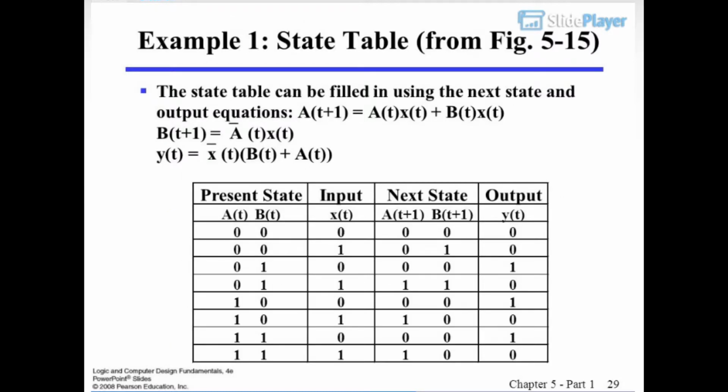Example 1, state table, from Figure 5.15. The state table can be filled in using the next state and output equations. A(t+1) equals A(t)x(t) plus B(t)x(t), B(t+1) equals A'(t)x(t), y(t) equals x'(t)(B(t) plus A(t)).